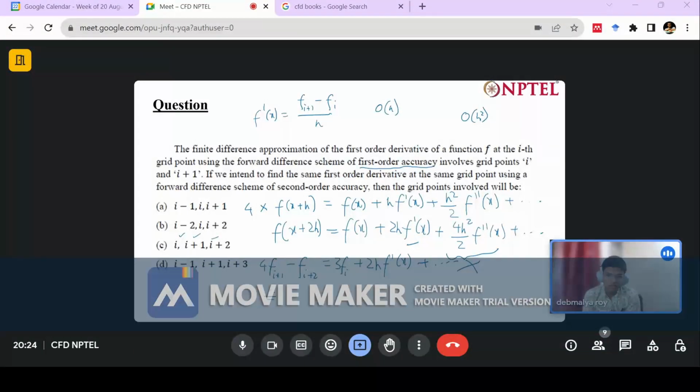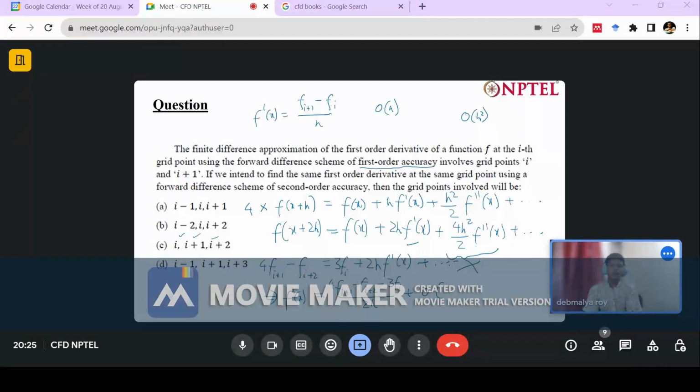So I can simply rearrange my f dash x in this way: (4f(i+1) minus f(i+2) minus 3f(i)) divided by 2h, plus order of error.